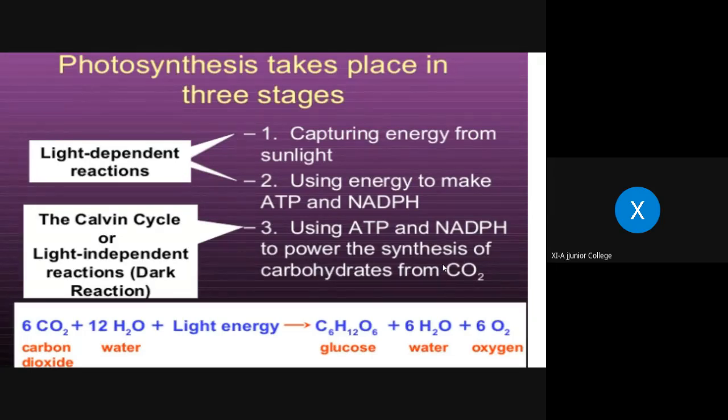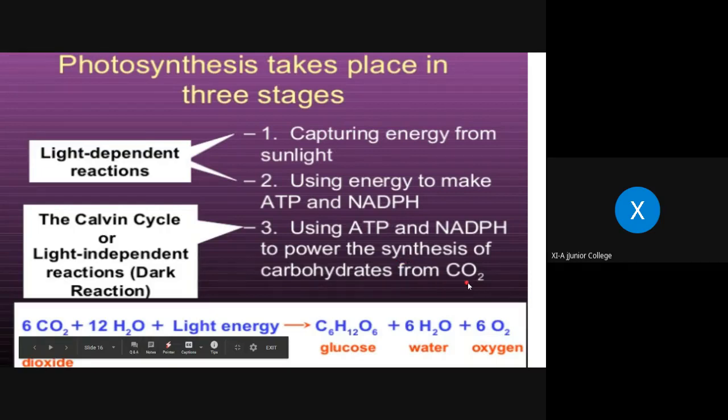Now, have you understood? The first part is taking place in the thylakoids, the granum part. Again, there itself, this conversion takes place. And then, whatever energy is produced is utilized to produce the food material using CO2. So these 3 steps are involved in the process of photosynthesis.